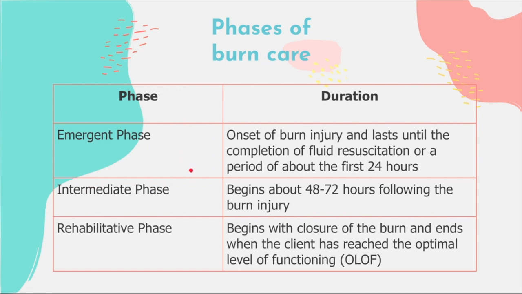Next will then be the intermediate phase, which begins about 48 to 72 hours following the burn injury. And lastly, the rehabilitative phase, which begins with closure of the burn and ends when the client has reached the optimal level of functioning, or OLA.